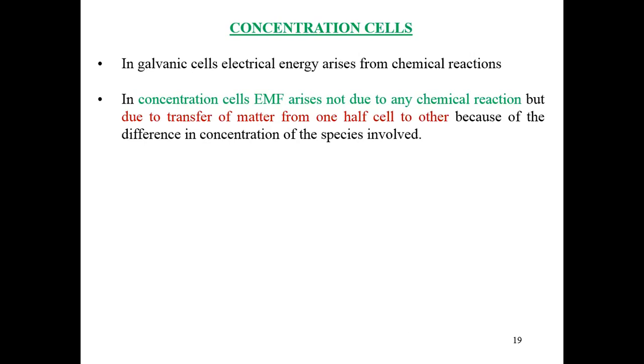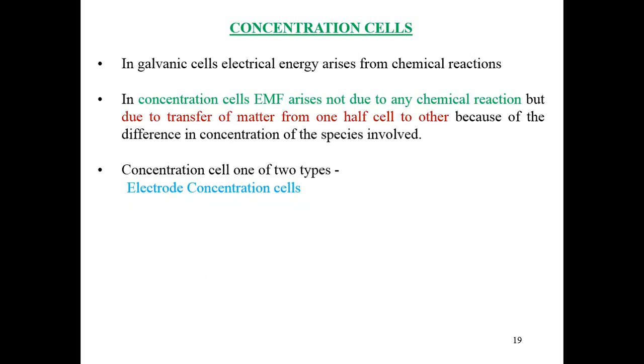Here again, the EMF arises due to the transfer of matter, not due to any chemical reaction. Simply the matter, the chemicals, are transferred from the concentrated part to the dilute part. This is what happens till their concentrations become equal. All right. So concentration cells are of two types.